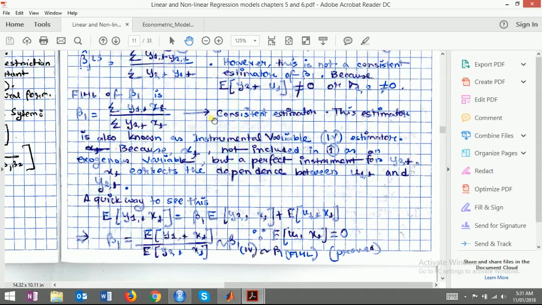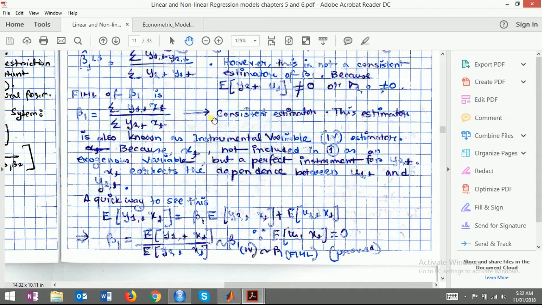Solving for beta 1, we have the covariance of y1t xt divided by the covariance of y2t xt, because the covariance of u1t and xt is 0. Obviously it will be 0 because in the first equation xt is not there, so xt is not correlated with u1t, it's correlated with u2t.